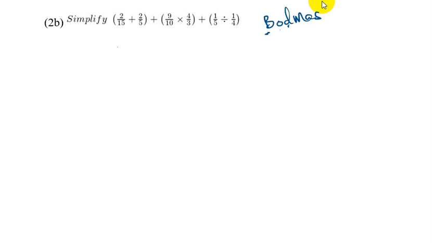So for the first bracket here, we'll find the LCM, and the LCM is 15. So 5 goes here 3 times. 3 times 2 gives me 6 plus 15 goes here 1, it goes into 2 times. Then I bring my plus. Then here we multiply.